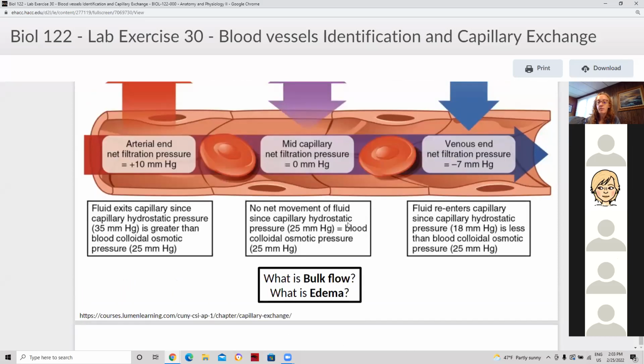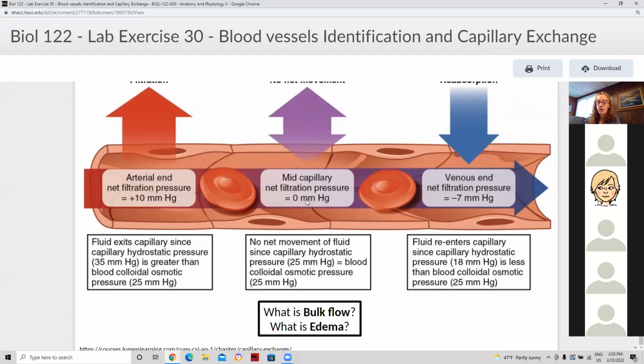Edema is when the blood colloidal osmotic pressure is not higher at the venous end than the hydrostatic pressure.